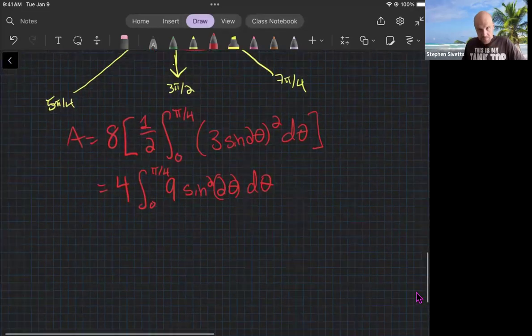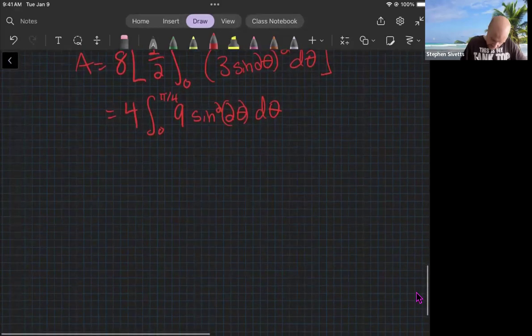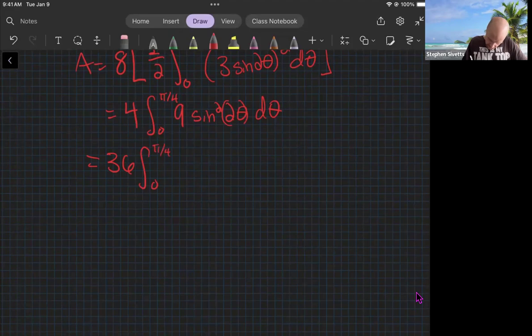And so this equals 36 times the integral from 0 to pi over 4 of sine squared 2 theta d theta.